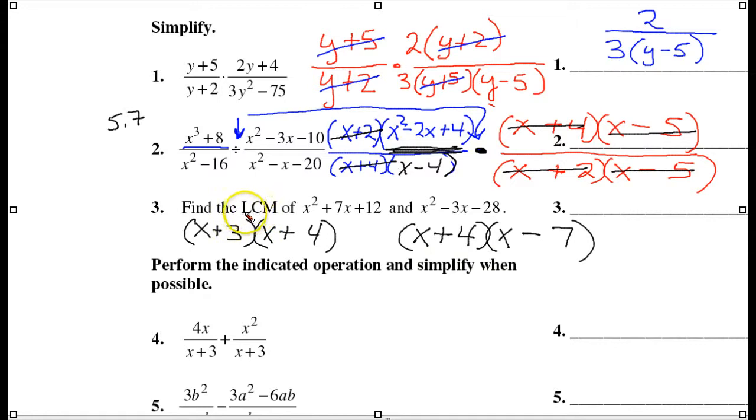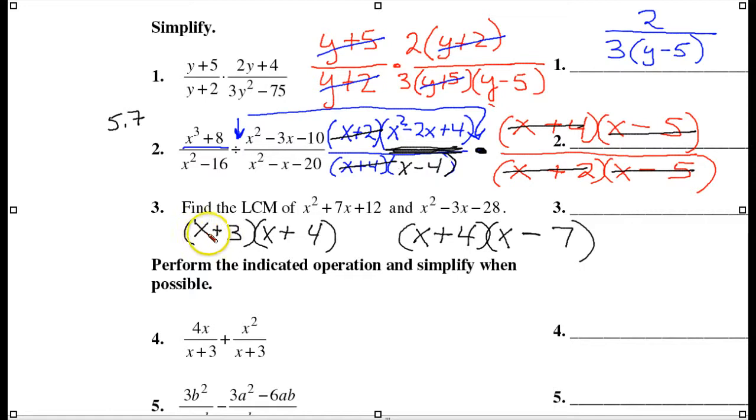Now, to figure out the least common multiple, we're going to use the strategy. What's the greatest number of times a factor is used in any one factorization?